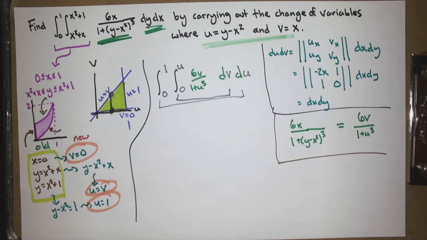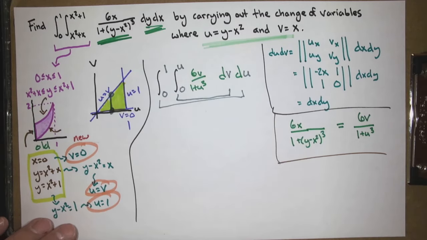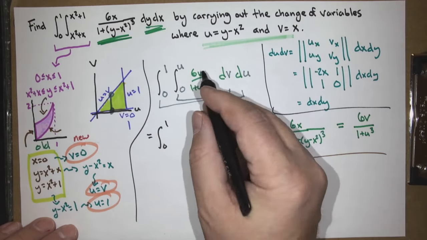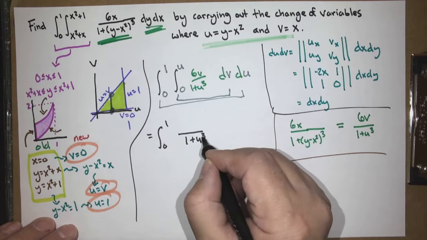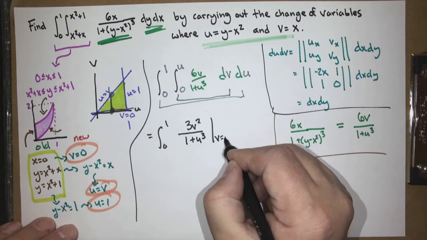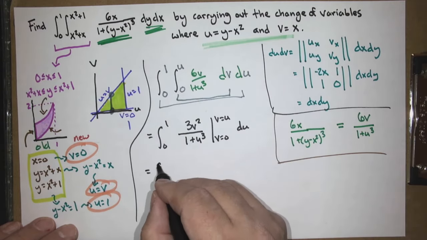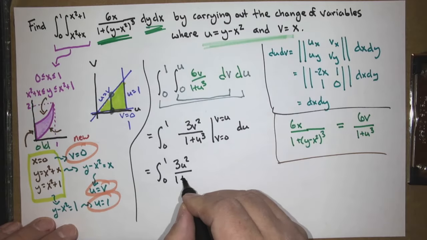All right, well, we don't want to spend too much time because we have a few more to do. So 1 plus u cubed down in the denominator, that's a constant. That's just along for the ride for the moment. What's the integral of 6v with respect to v? 3v squared. Evaluate from v equals 0 to v equals u. That becomes the integral of 3u squared over 1 plus u cubed.